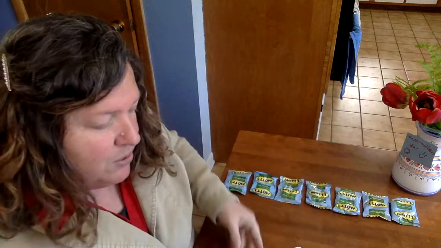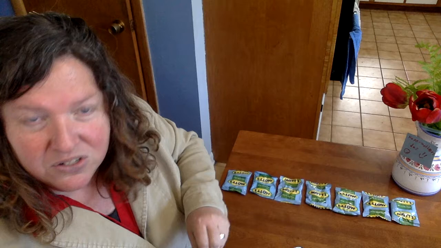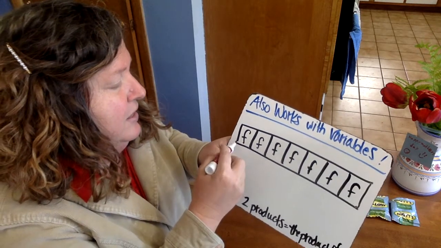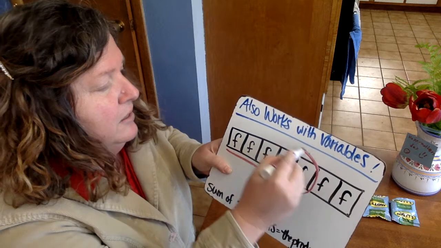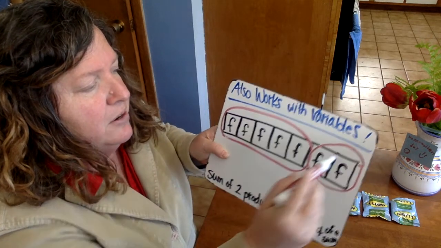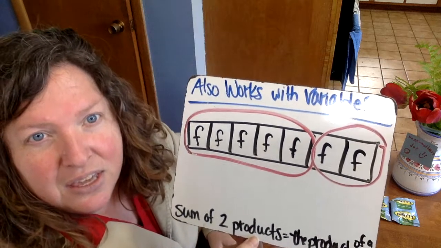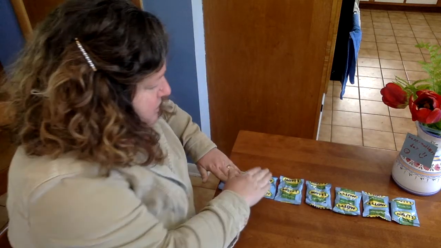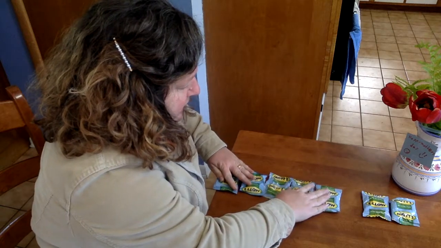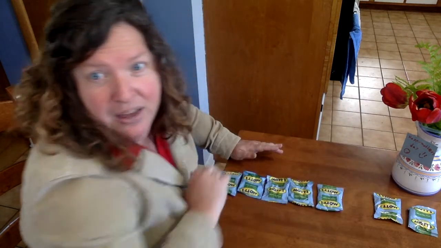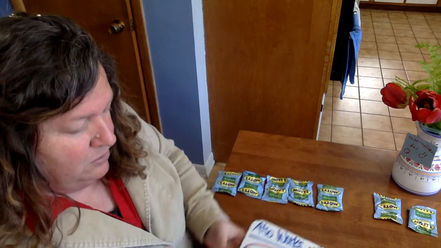So that's what this looks like. We could talk about this part and that part. If we did that, we would separate a little bit. We'd say 1, 2, 3, 4, 5. We'd have 5 groups of F right here, and we'd have another 2 right there.